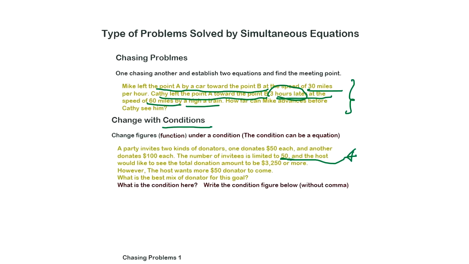This is a condition. Then it talks about the total collected amount, then you figure out each donor's number. So you have a certain condition. The two values are bound by a condition. So this is a condition type of problem.